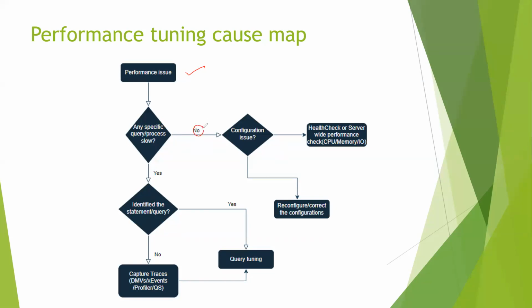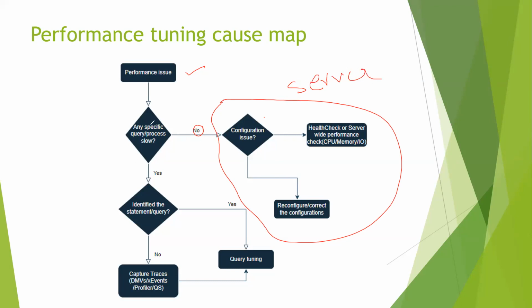If it is not, then we'll have to see the other parts, right? Either a configuration issue or any server-wide performance issue that we will have to start looking at. So here we mentioned these are all called server-wide performance issues.